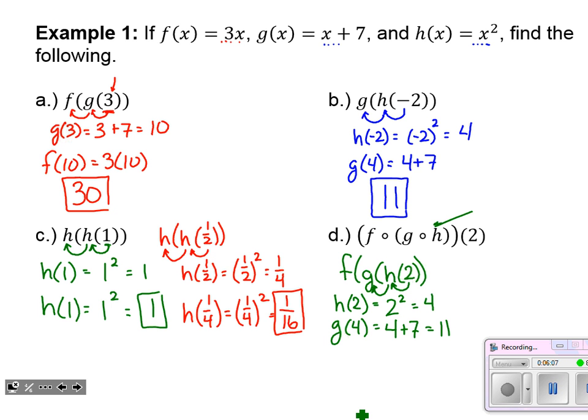That's 11, and then that result goes through function f of 11, and my rule for f says to take 3 times the input, so 3 times 11, and we get 33 for final output. Even though we had 3 functions involved, a number goes in, a number comes out.